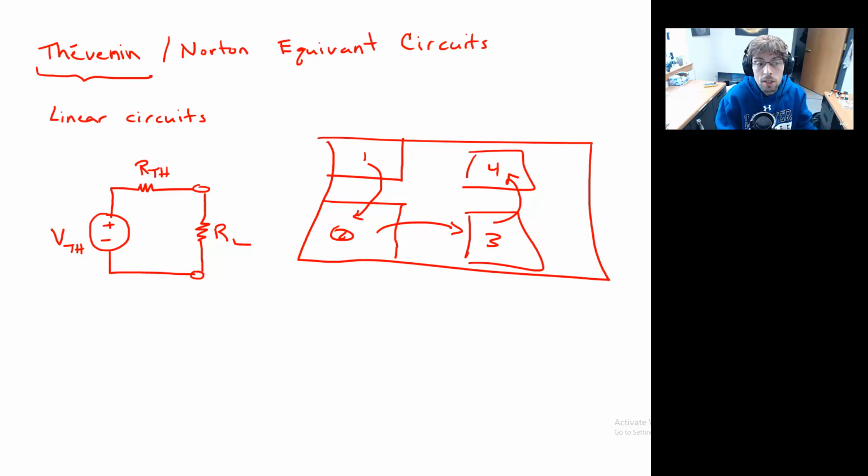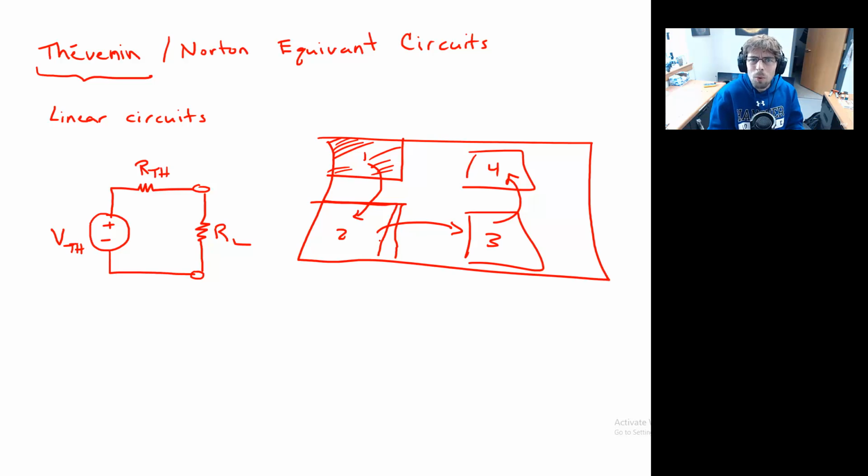Okay? What you need, say you're the team working on piece 2, all that you need to know is what is the Thevenin potential and the Thevenin resistance of this entire block. And with those two pieces of information, you can then go ahead and analyze your part of the circuit.